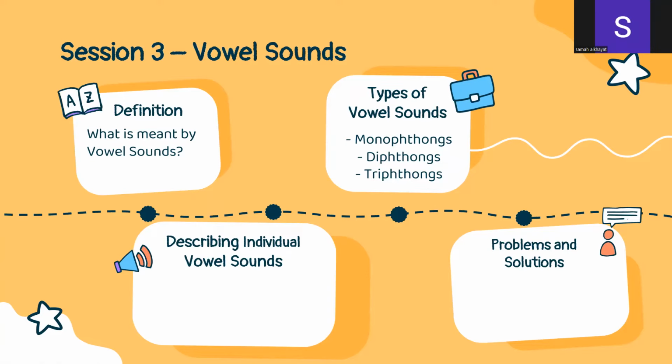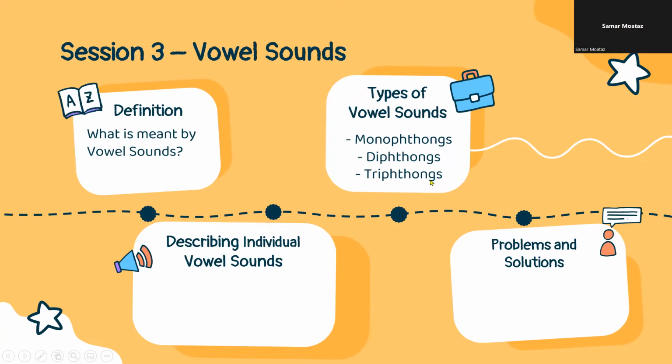I think 12. And how many diphthongs? 8. So we have 20 vowel sounds, monophthongs and diphthongs, because triphthongs are made from 3 vowels.